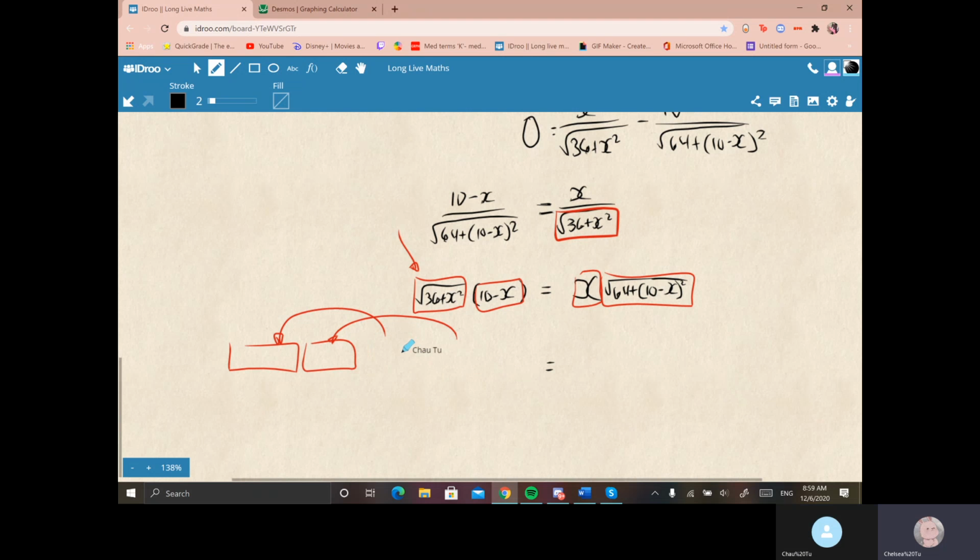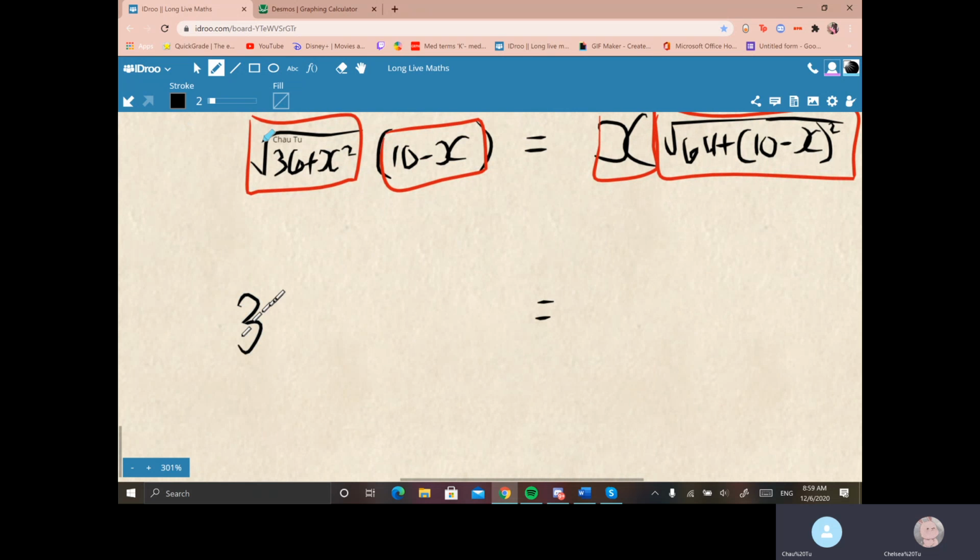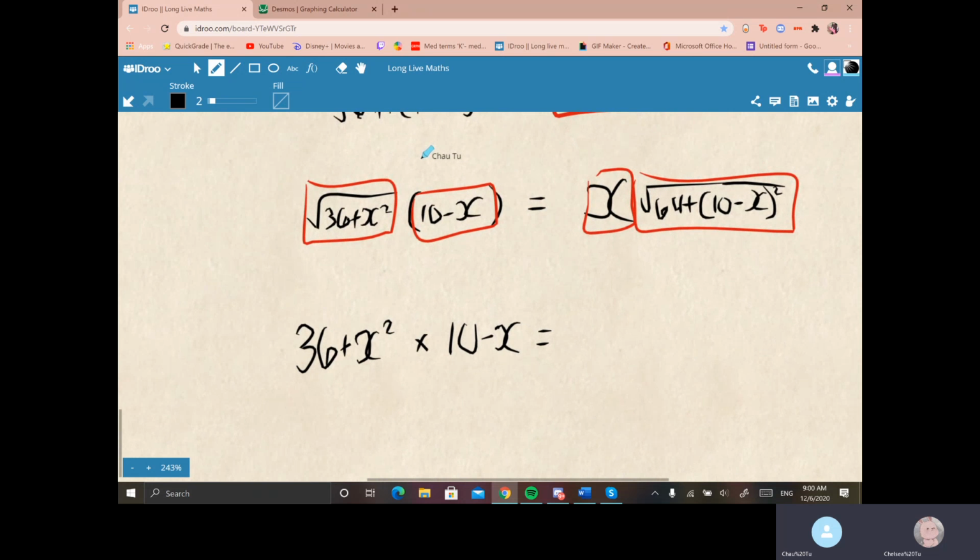Okay. So hang on, just square both sides. What will you have, Chelsea? Square both sides. Bearing in mind that this is one block times another block. Yeah, so when you square it, it becomes that. No. What happened here?